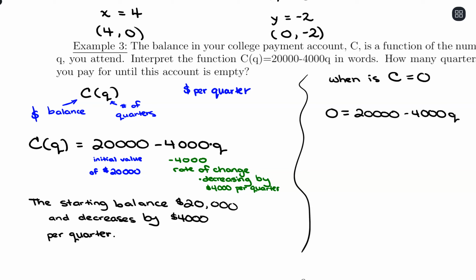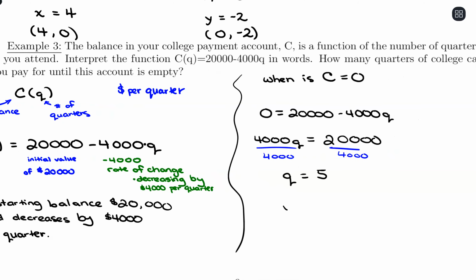I'm going to go ahead and add 4,000Q to both sides of the equation so that everything's positive. So 4,000Q equals 20,000. Divide both sides by 4,000. And we'll get Q equals 5. So you can pay for 5 quarters with this account.